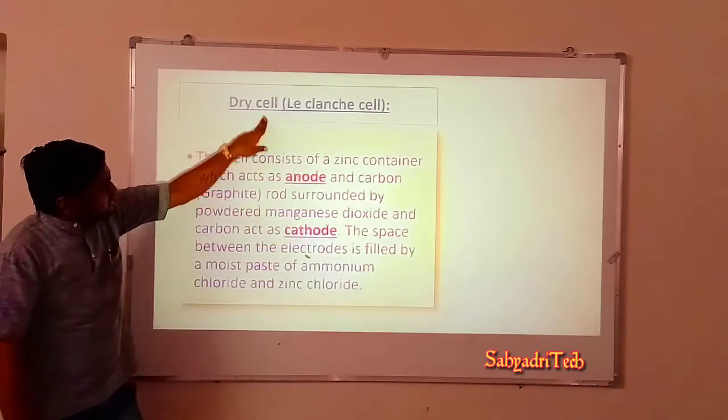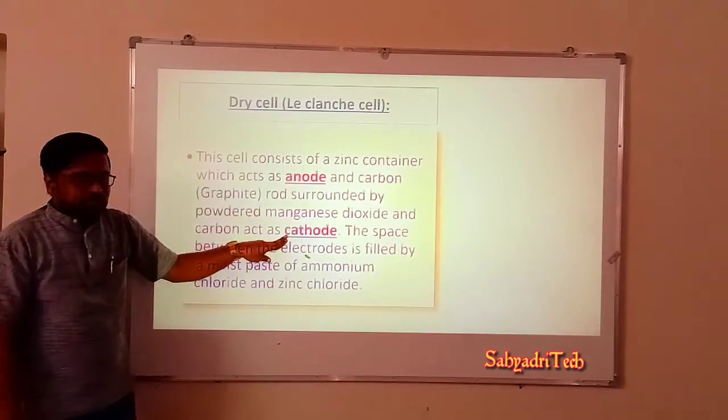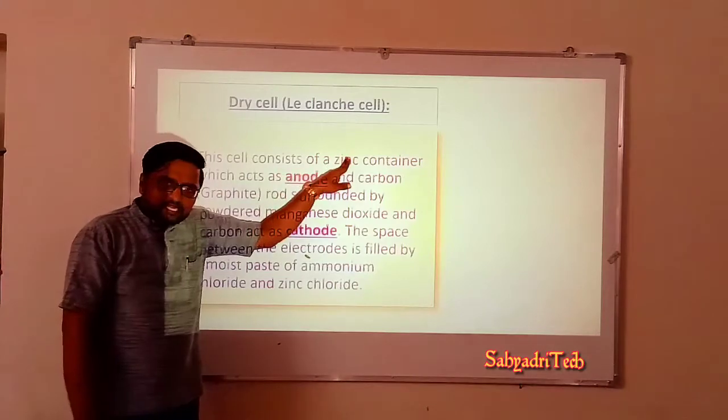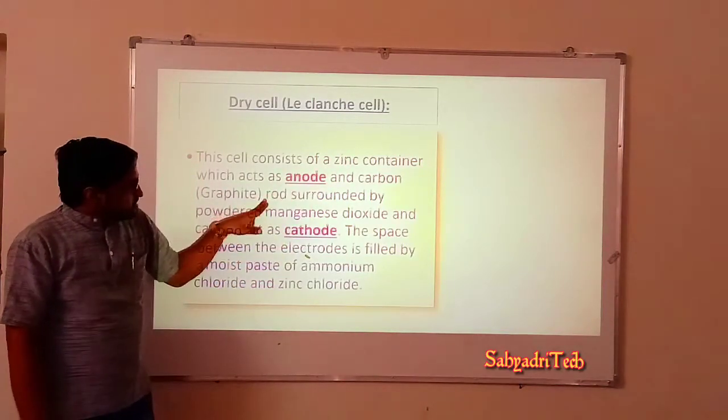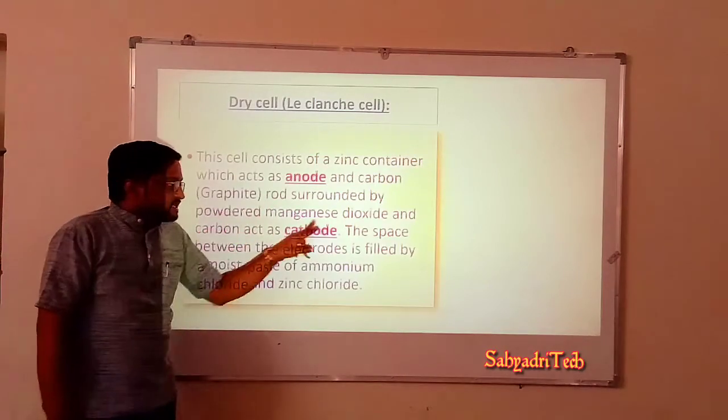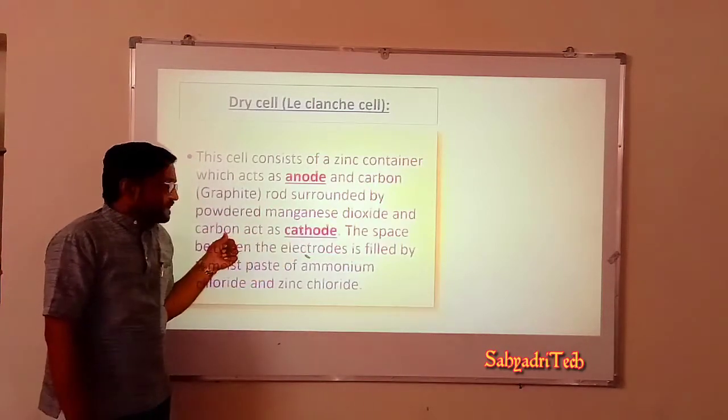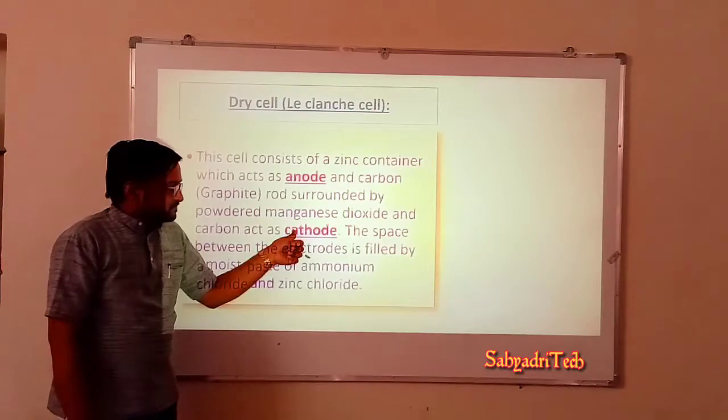It means the dry cell has an anode as well as a cathode. What is the anode here? A zinc container acts as the anode. What is the cathode? A graphite rod surrounded by powdered manganese dioxide and carbon acts as the cathode.